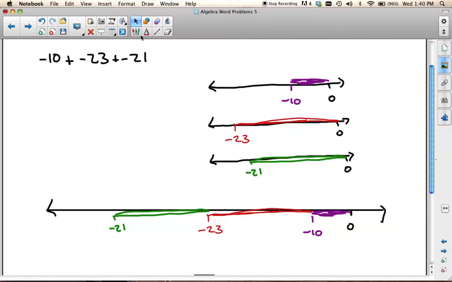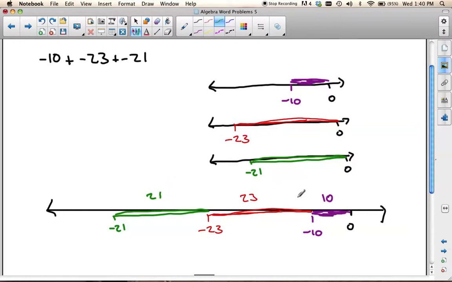Basically what we're saying is all of 10, all of 23, and all of 21 are negative.